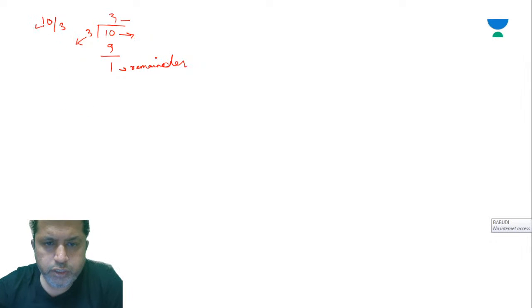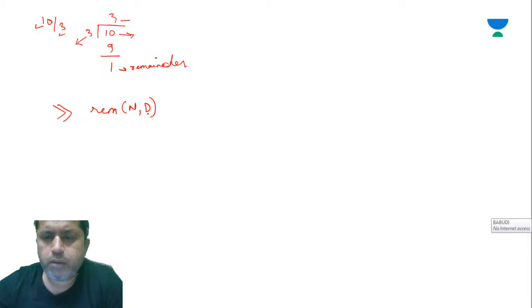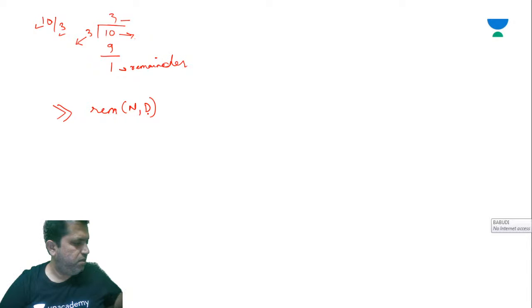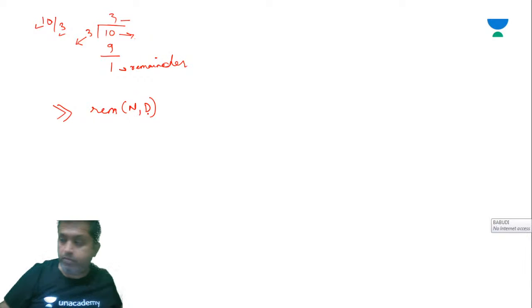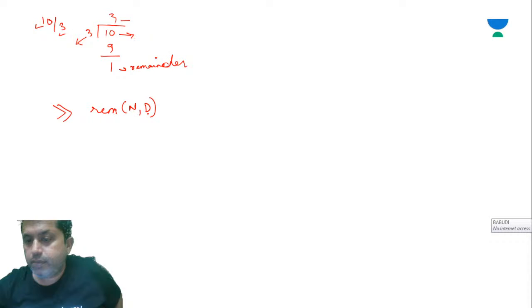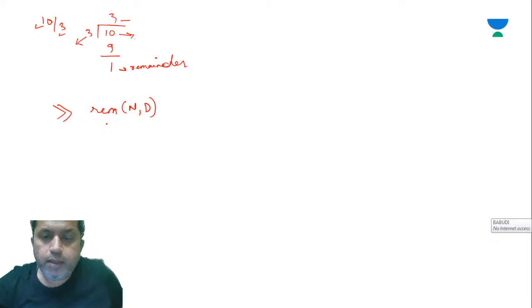This is the numerator and denominator of the fraction. So what is this predefined function? rem, numerator comma denominator.